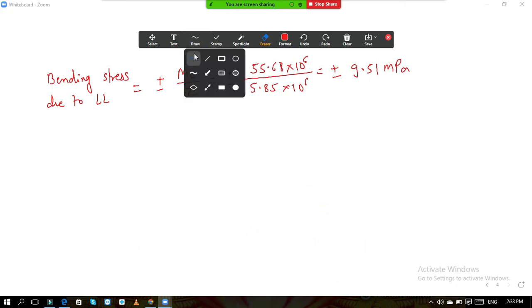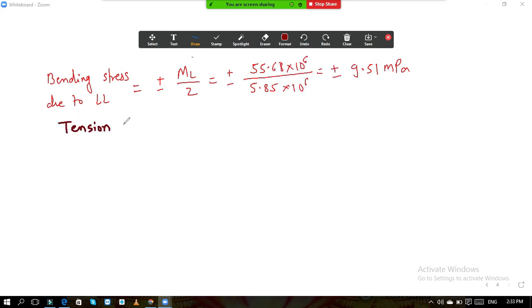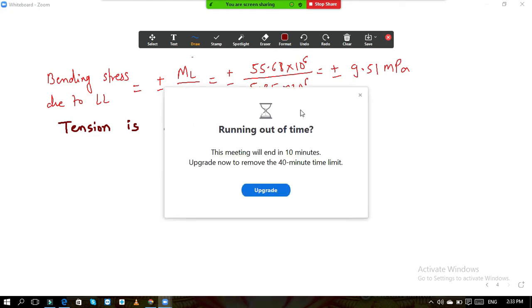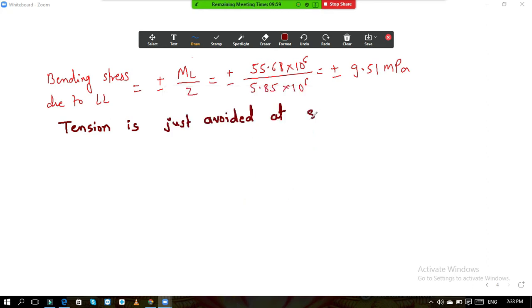So now in simple language, what they have said to us is tension is just avoided at soffit.